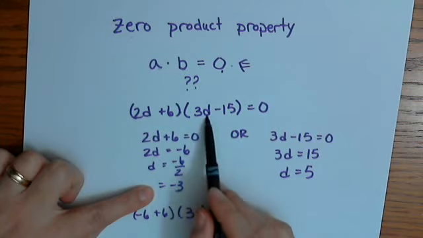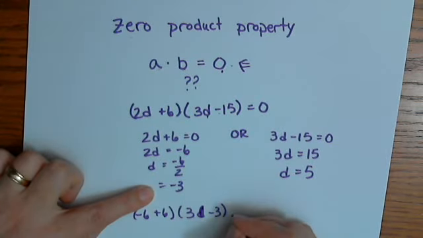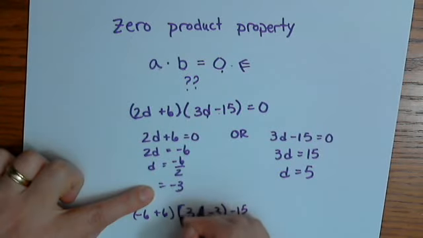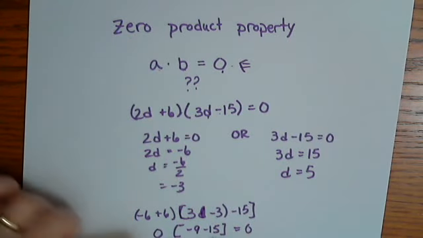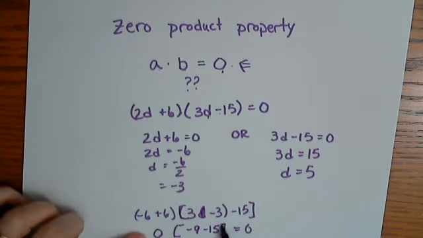So I have 3D minus 15, and let's make that a bracket. Here I've got this whole thing is 0. And this thing is still going to be negative 9 minus 15. Well, it doesn't matter what this is, because I'm multiplying this number by 0. So I have to get the whole answer of 0, which is what I wanted.